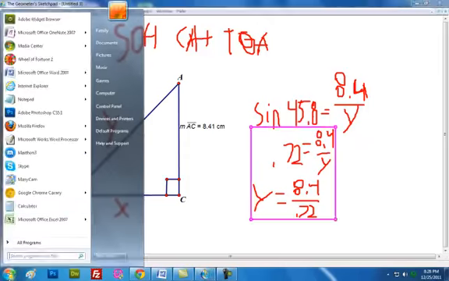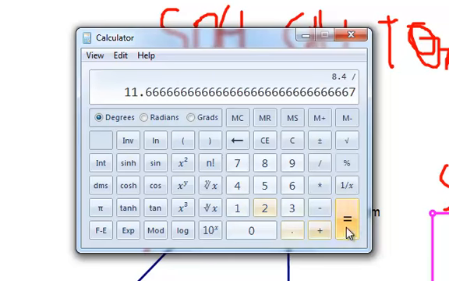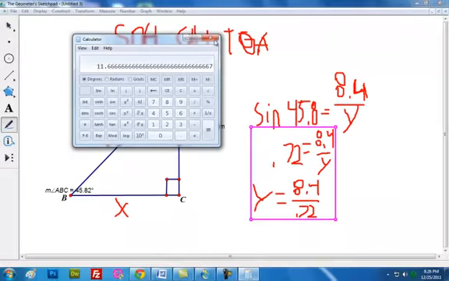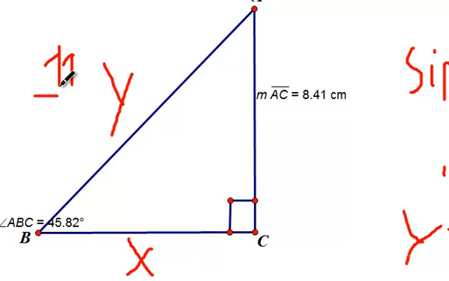And we can just enter this in our calculator. 8.4 divided by 0.72 equals y, which is 11.6.